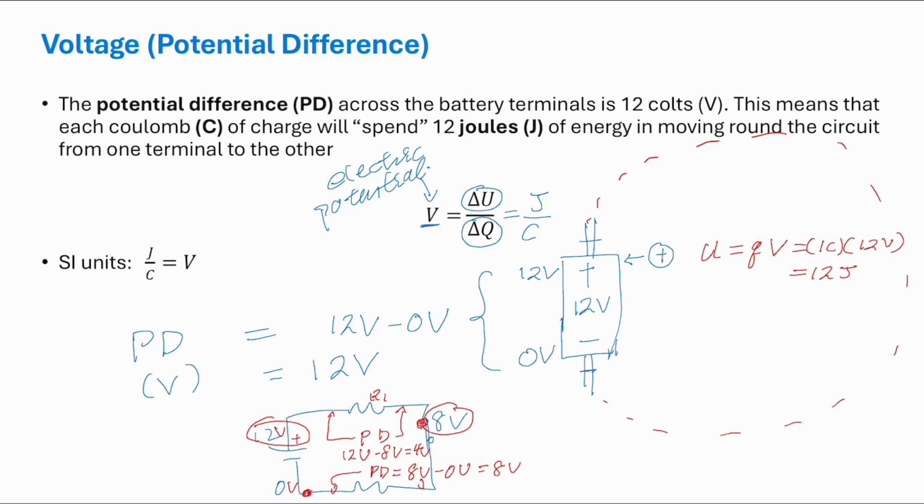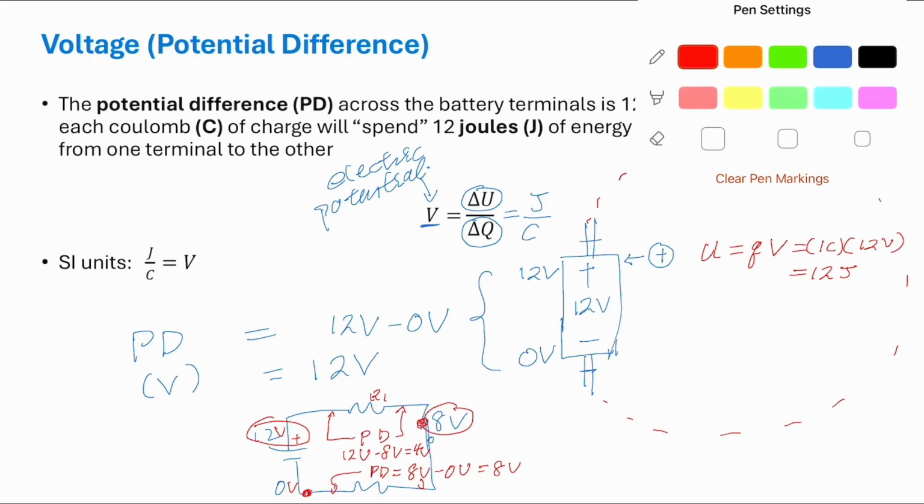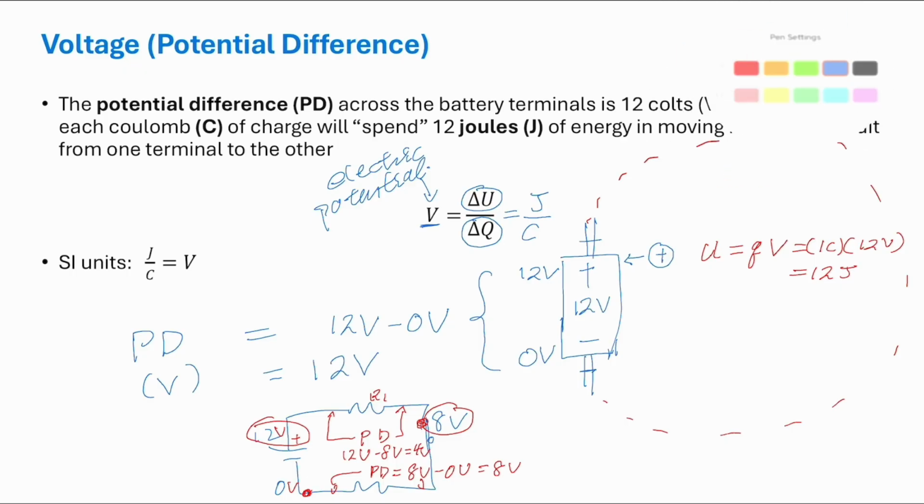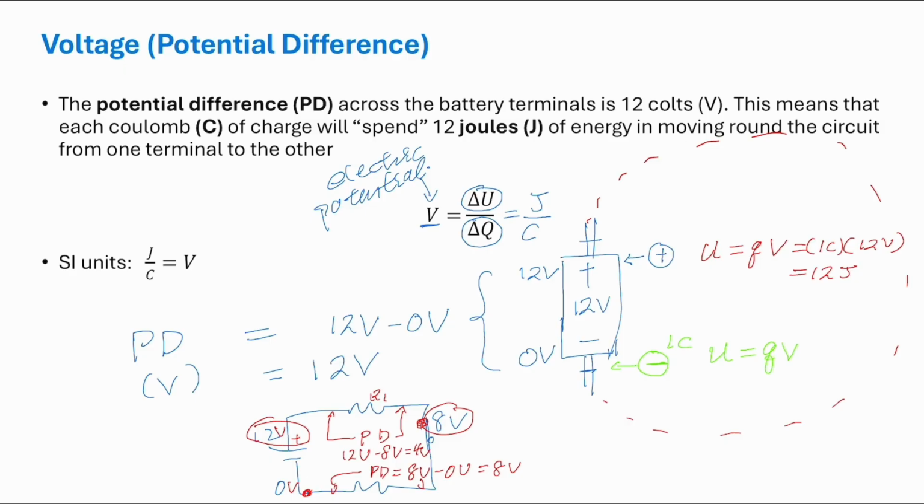Let's look at negative charge. Assume we have negative charge. So negative charge starts from here. Assume this is -1 coulomb. Again, if you ask what is the energy of this negative charge, here U is QV.